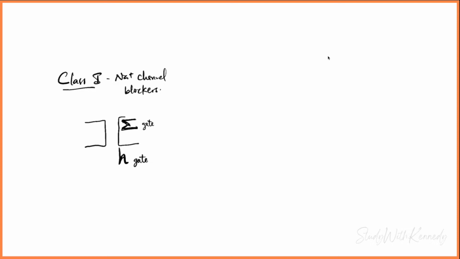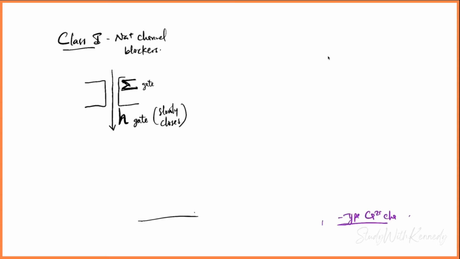The active phase is when both the M gate and the H gate are open, and sodium is free to move across that channel. The H gate, though, is going to slowly close. Okay, this first diagram illustrates the active state of the sodium channel.